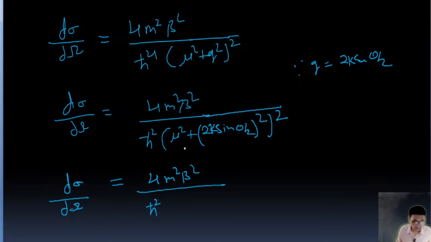Since 4 is 2 to the 4, we take 16 k square common. I'll write one more step first: this is going to be h cut square into mu square plus 4k square sine square theta by 2 whole square.